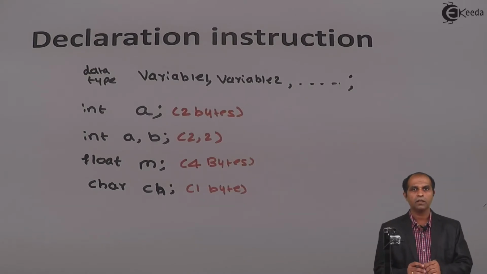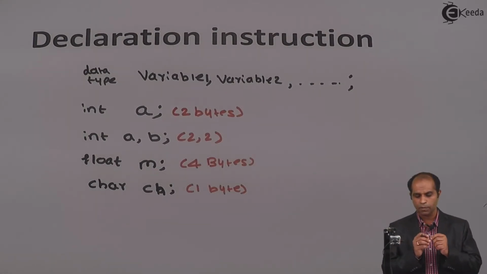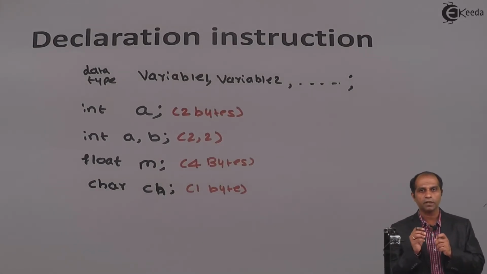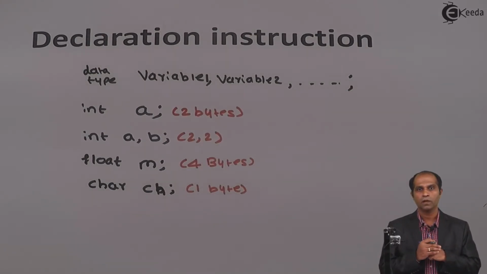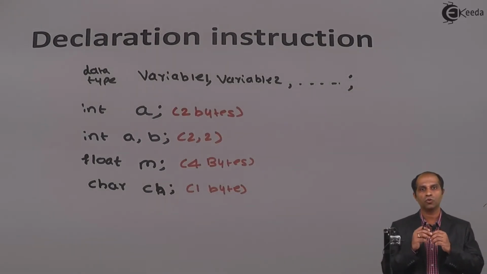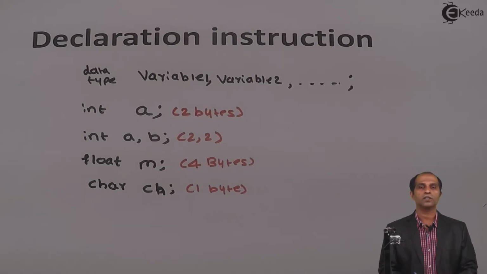When I say int, it will have some specific data limits. For example, if I say a variable of type integer, this will have a value as small as -32768 or as large as 32,767. If a variable needs to be declared to store values beyond this, in that case I can use a data modifier called long.